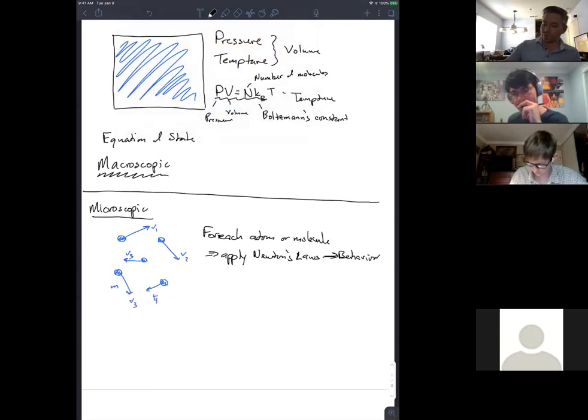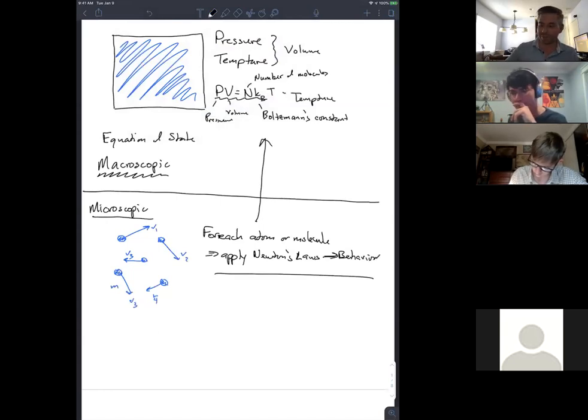So now, in principle, we should be able to start out from this microscopic viewpoint where we understand that these things act like billiard balls, analyze them using Newton's laws, and from that extract what the macroscopic behavior is going to be.